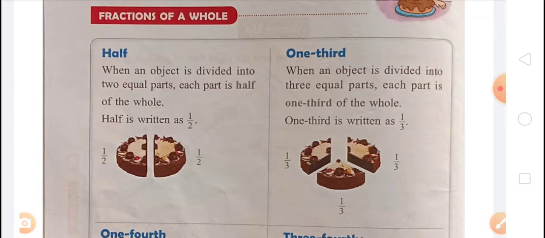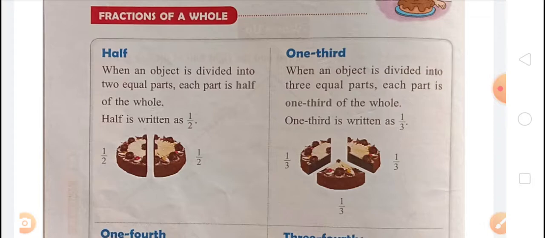Half is written as 1 by 2, or 1 upon 2. In 1 by 2, 1 is the numerator and 2 is the denominator. The fraction for both equal parts is 1 by 2.